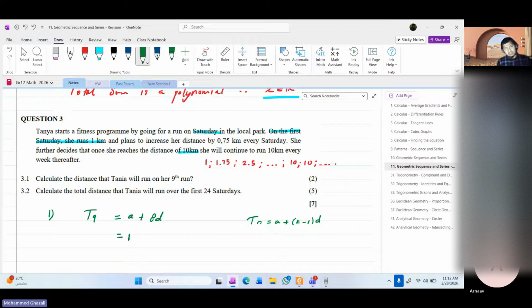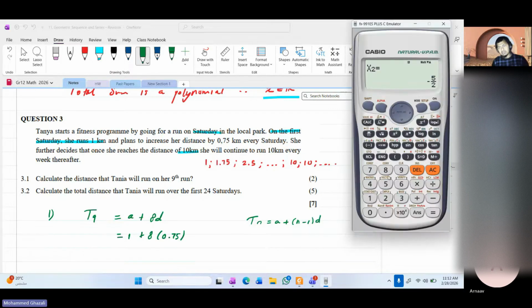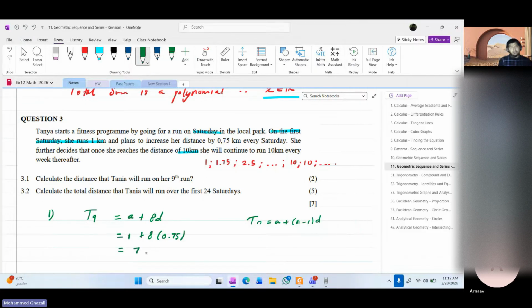The first term is 1 plus 8, and the common difference is 0.75. So you multiply this out and add: 1 plus 8 times 0.75, I'm getting 7 kilometers on her ninth run. So she runs 7 kilometers.